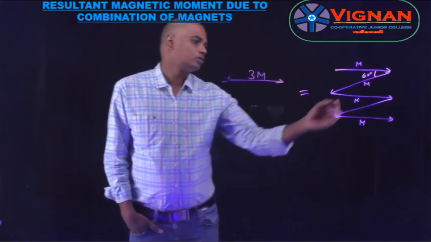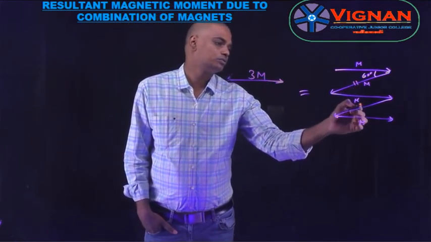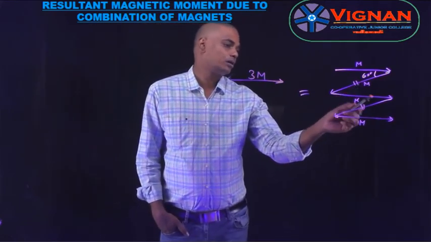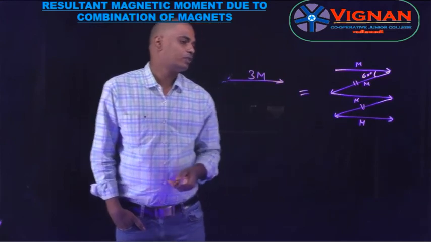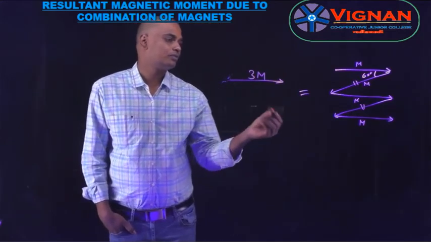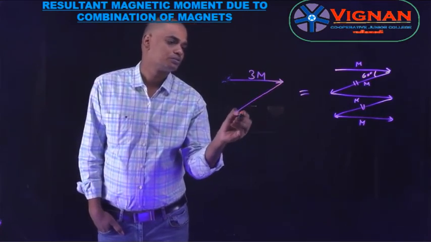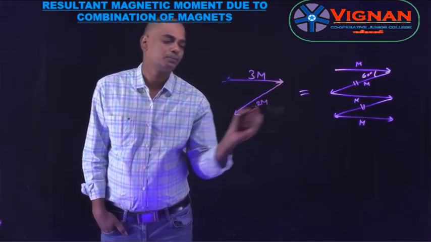Now you can observe these two. As these two magnets are in the same direction, placed one above the other, the resultant will be M1 plus M2. Therefore, the resultant is 2M.